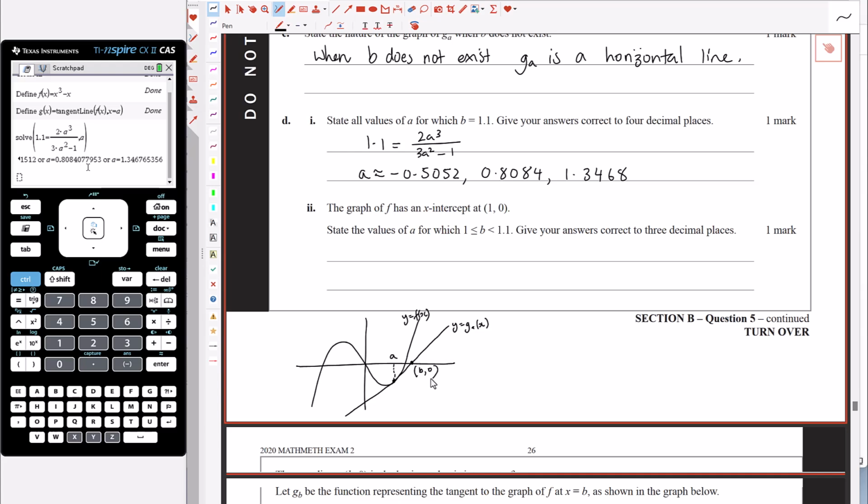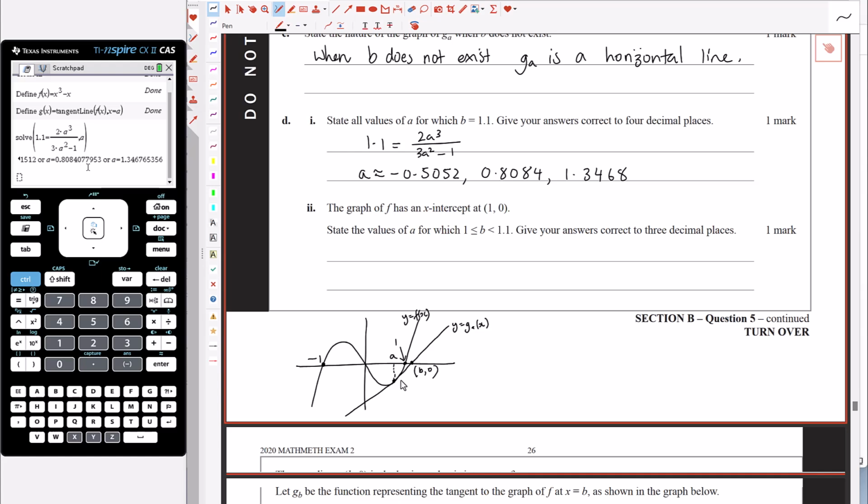So we want to state the values of A for which B, that is the x-intercept of the tangent, is somewhere between 1 and 1.1. Okay, so this is negative 1 here. The x-intercept of this graph is 1 here. So we need the x-intercept of the tangent to be out there past 1.